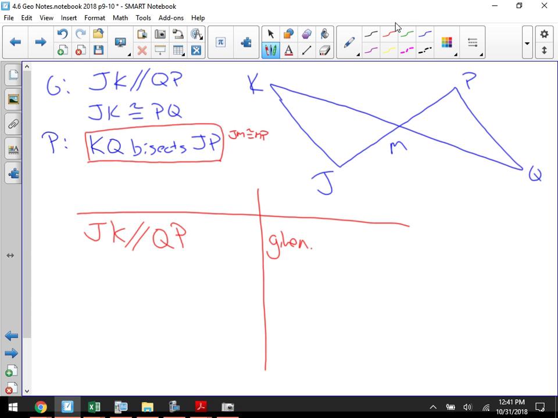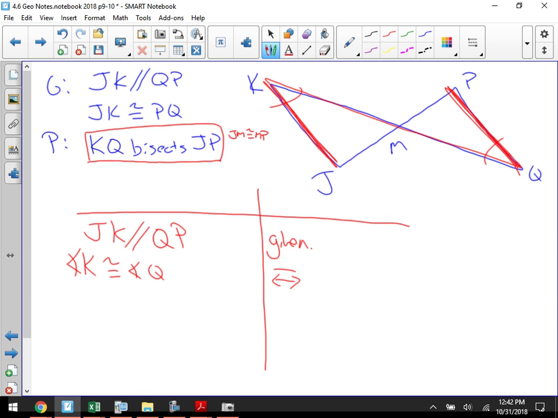If JK is parallel to QP, where that transversal changes directions with parallel is always going to be where the angles are congruent. I know here and here have to be congruent, so I fill that in. I can use one letter here because it's the only vertex that has that, so I can say angle K is congruent to angle Q.